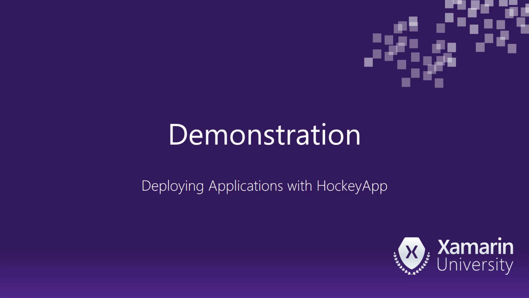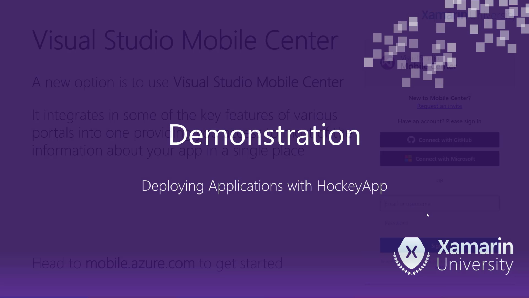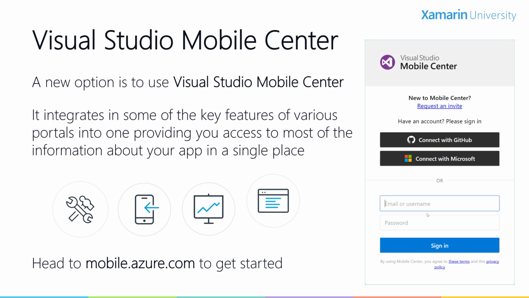So far, we've looked at HockeyApp, which is Microsoft's full platform for managing your tests and deployments to your users. But if you've been following the tech news over the past few days, then you might know that there's a new player in town, and that's Visual Studio Mobile Center. Mobile Center is a consolidated platform that combines many of our mobile services into a single unified portal.